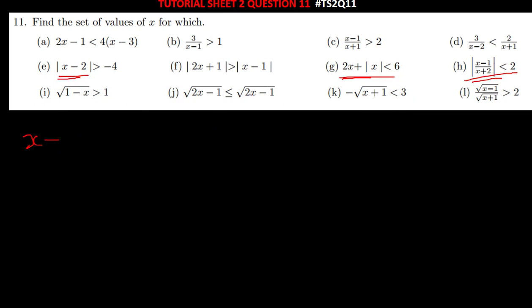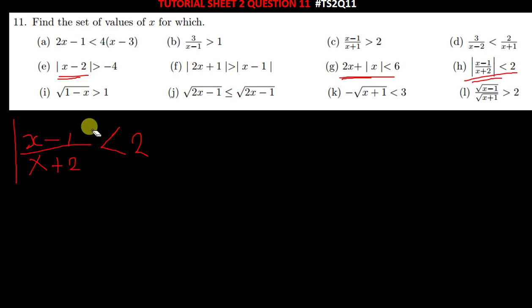We have the absolute value of x minus 1 over x plus 2 being less than 2. So when you have such a question, again, remember what we said. This is in absolute value symbols. So if it's in absolute value symbols, you can first write the positive part.